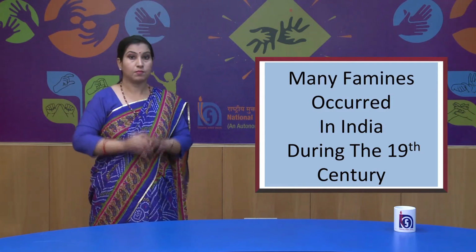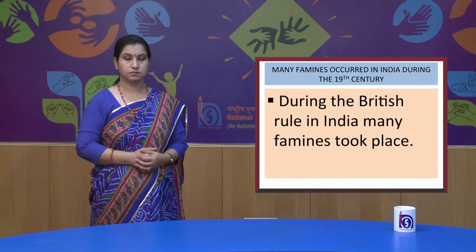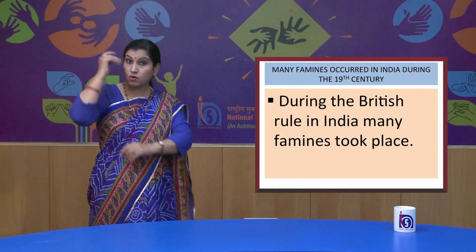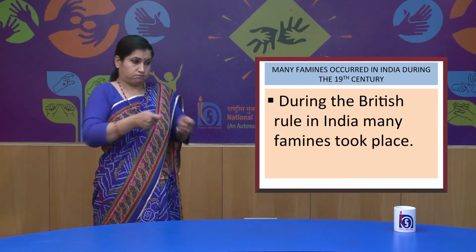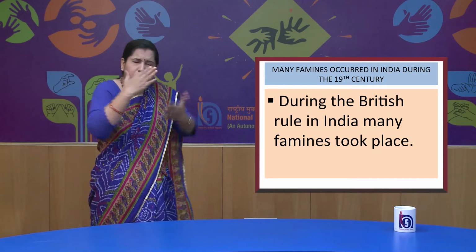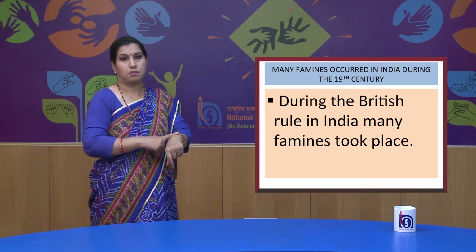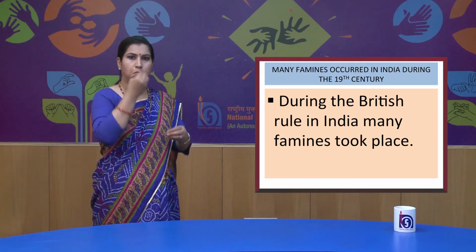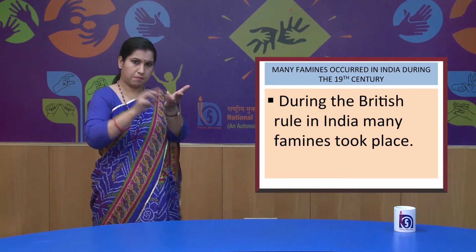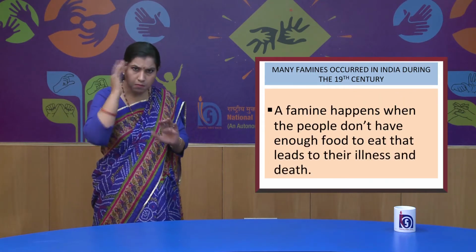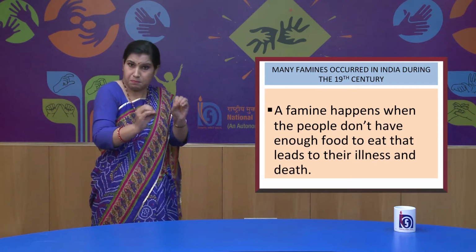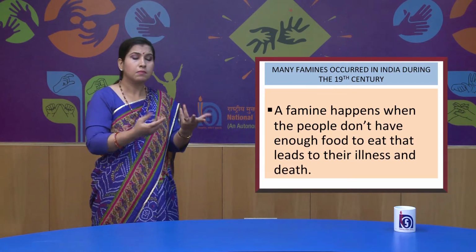Dear learners, you will be surprised to know that during the British rule in India, many famines took place. Do you know what a famine is? A famine happens when the people don't have enough food to eat, and that leads to their illness and death.